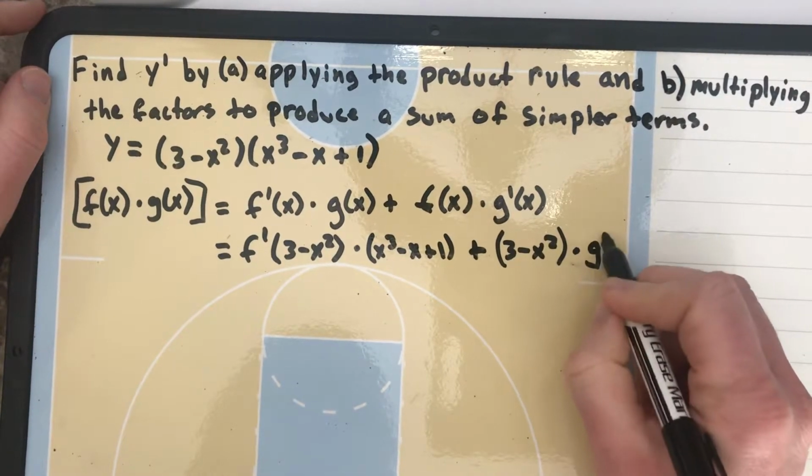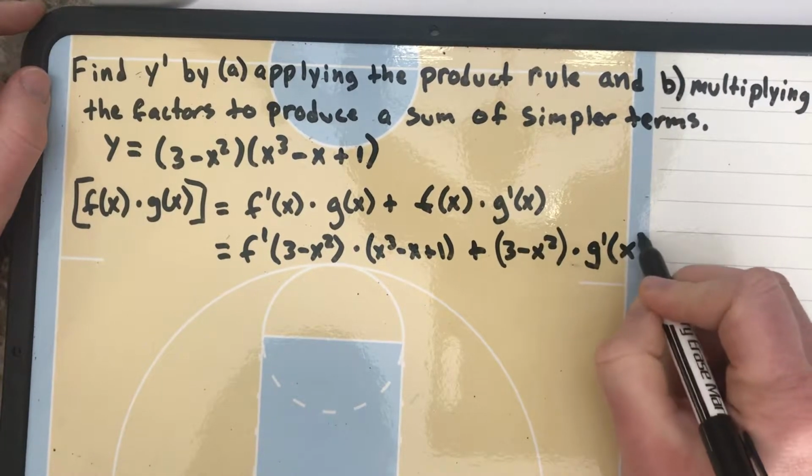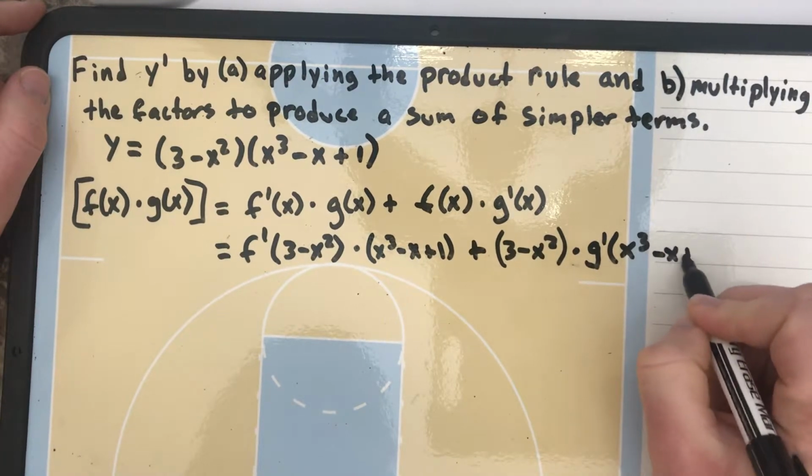So I'm going to say g prime of x cubed minus x plus 1.